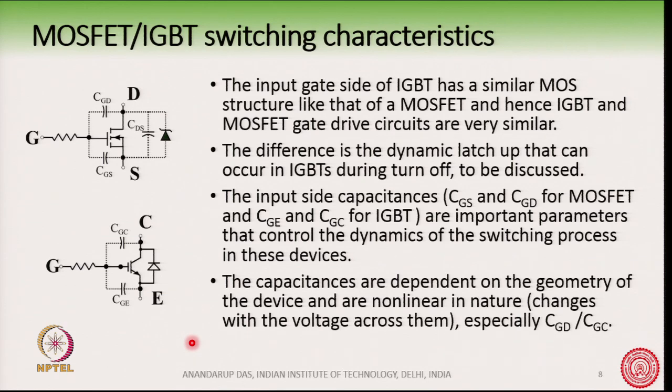The gate drive circuits, or the analysis for the gate drive circuits, are more or less the same for both IGBT and MOSFET. There are some differences, of course, like there is a dynamic latch up that can occur in IGBTs during turn off, but relatively speaking they are very similar. The gate drive circuits for IGBTs and MOSFETs are very similar and they can often be interchanged.